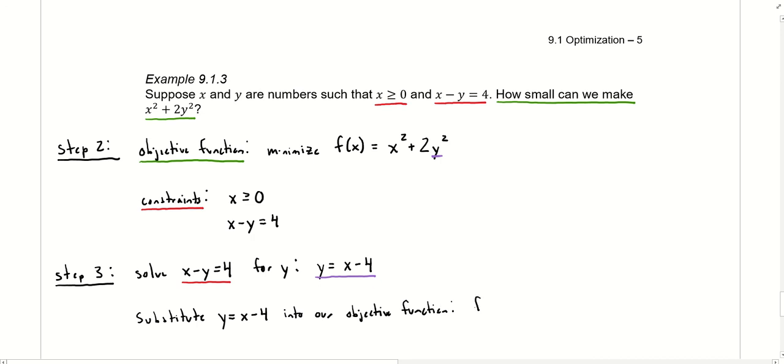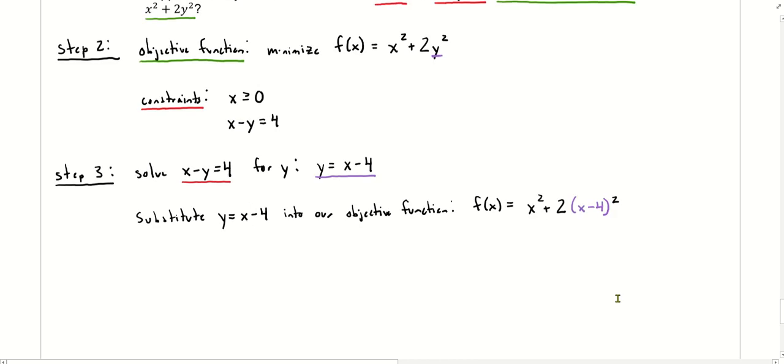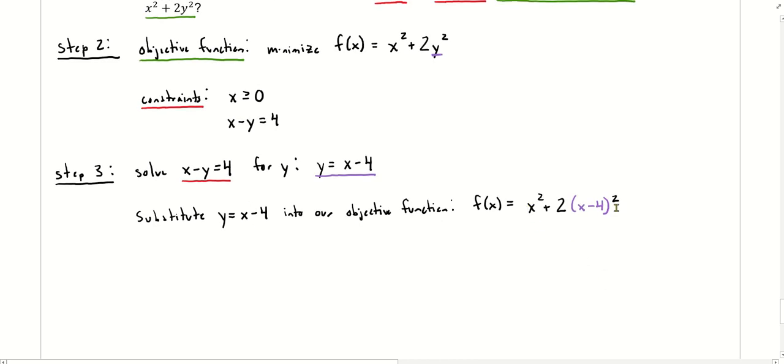So now this objective function is actually going to be a function of x. It's going to be x squared plus 2 times y squared, where y is x minus 4. If I wanted to, I could expand this out, but this isn't too bad to take the derivative of.